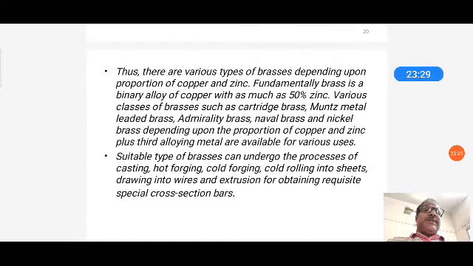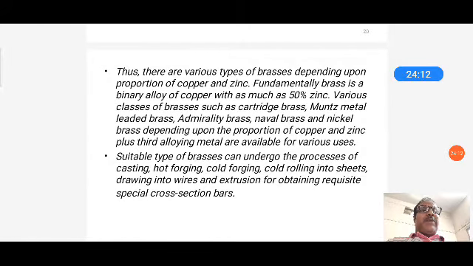In the case of alpha plus beta brasses, there are various types of brasses depending upon the proper proportion of copper and zinc. Fundamentally, brass is a binary alloy of copper with as much as 50% zinc. The various classes of brasses discussed are cartridge, muntz, leaded brass, admiralty brass, naval brass, nickel brass, and so on, depending upon the proportion of copper and zinc; a third alloying metal is available for various uses.